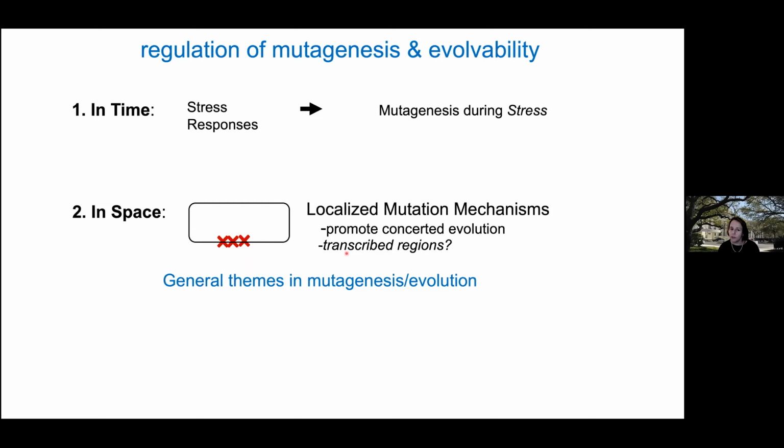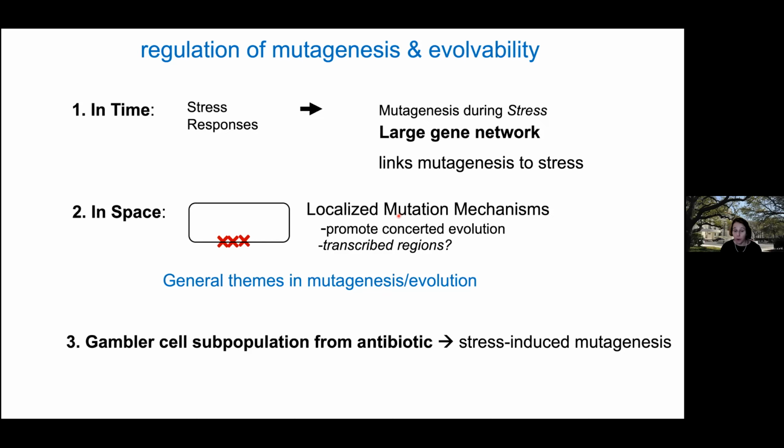So these things that we discovered working in E. coli, happily over at least the last 10 years, have become obviously going on in organisms all across the tree of life: bacteria, eukaryotes, humans. I'll show you a large gene network, or a large protein network, that promotes this. And the take home from that is almost all of it is devoted to turning on those stress responses, showing you how important that is.